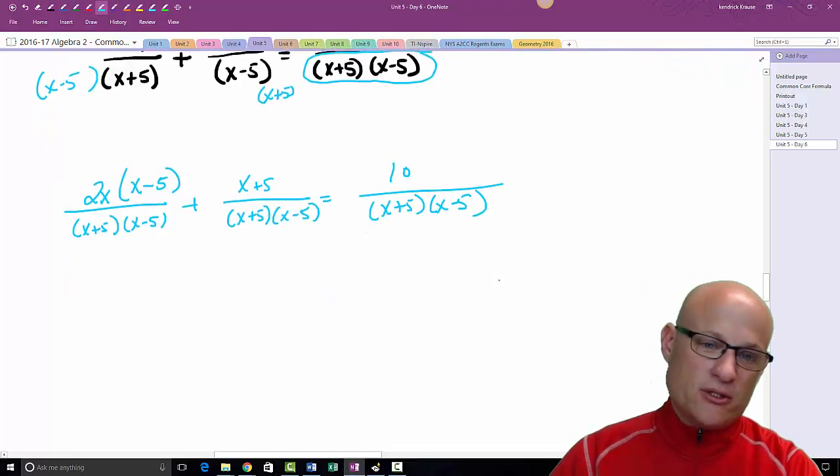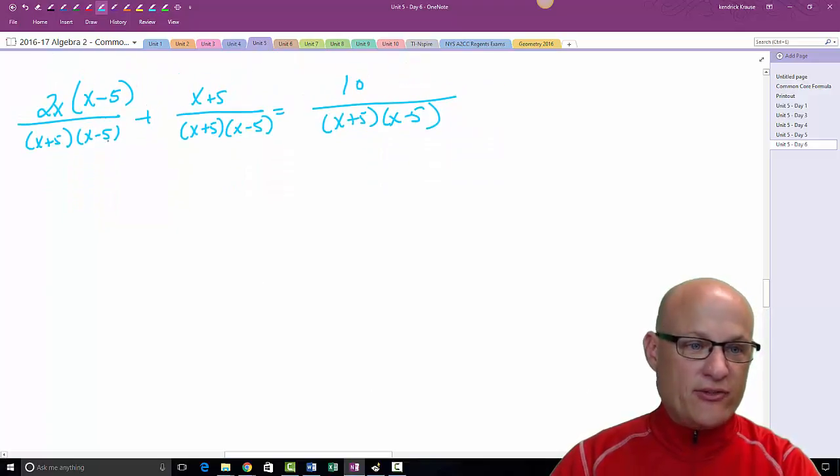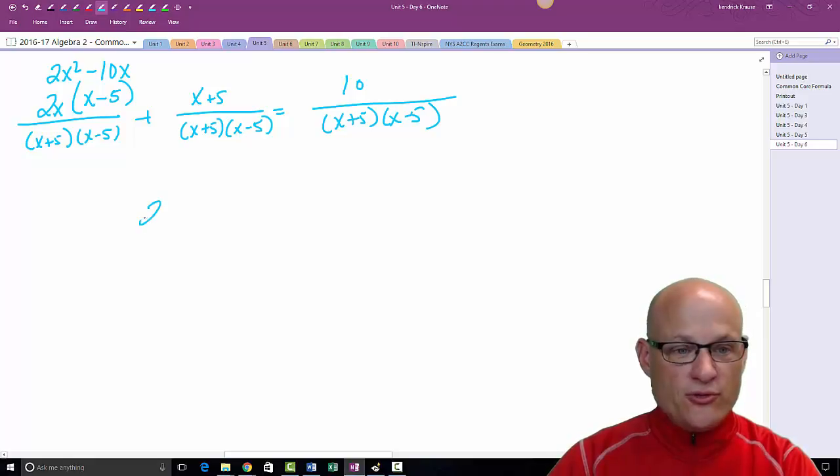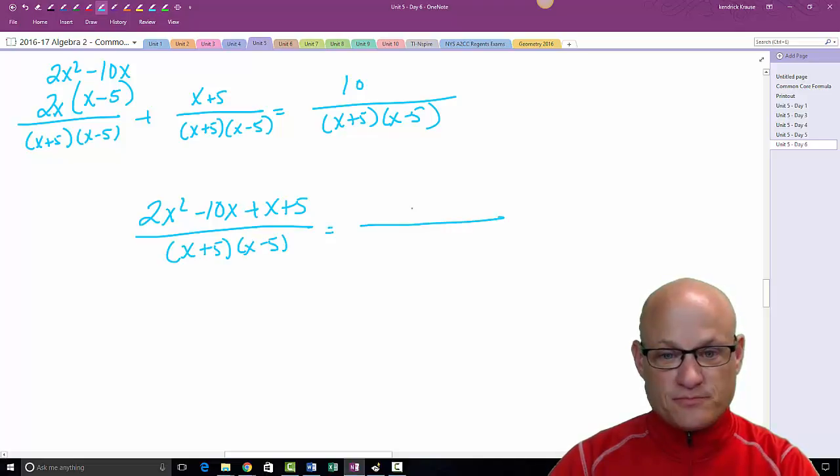Woo! All right, so now that all the denominators are equal to each other, I'm going to add these two numerators up. This is really 2x squared minus 10x plus x plus 5 all over this crazy denominator, x plus 5, x minus 5, equals 10 over x plus 5, x minus 5.